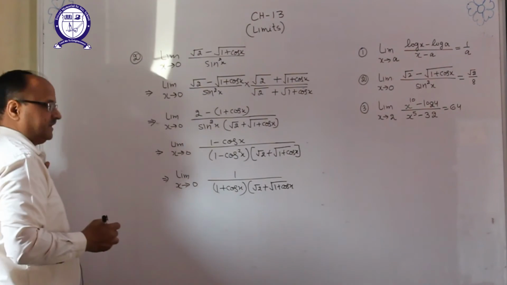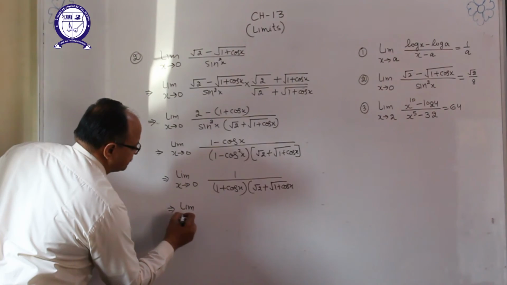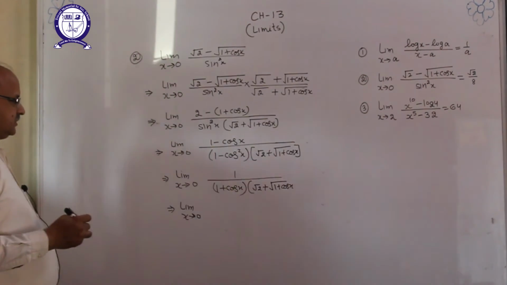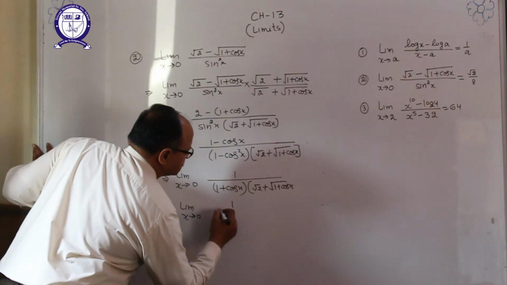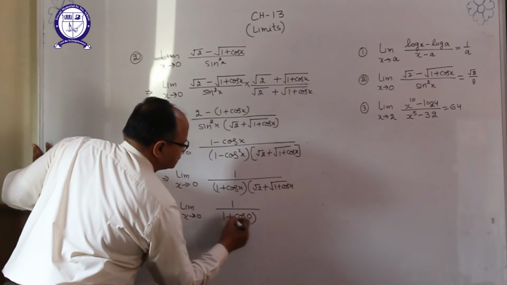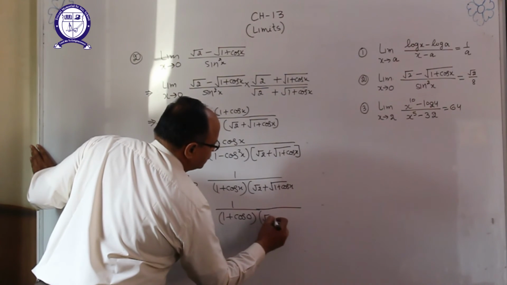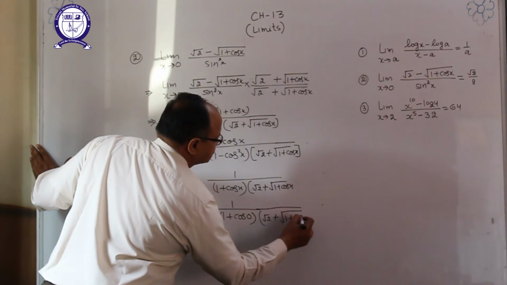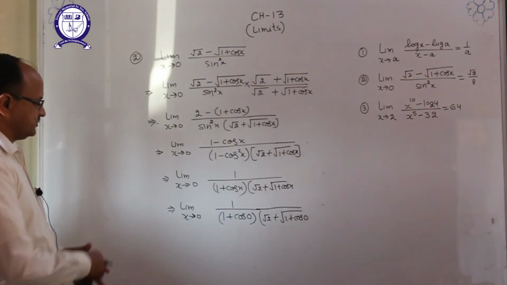Now you can apply the direct method. Put x is equal to 0. When you put x equal to 0, therefore 1 plus cos 0, and here root 2 plus root of (1 plus cos 0).